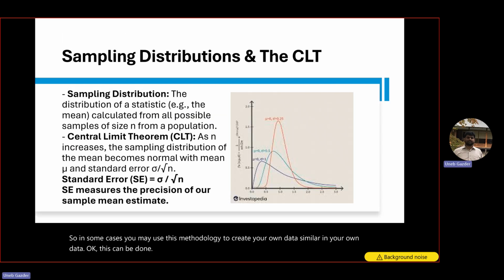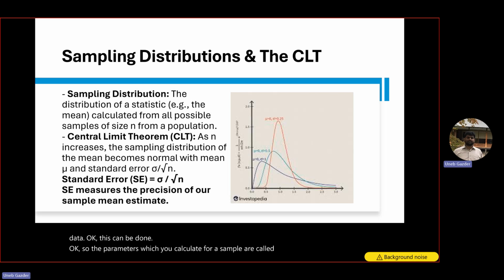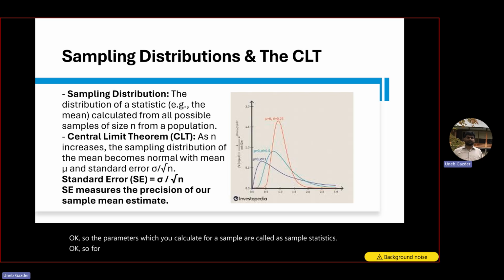Okay, so the parameters which you calculate for a sample are called sample statistics. For example, mean is a sample statistic, standard deviation is a sample statistic, range is a sample statistic.